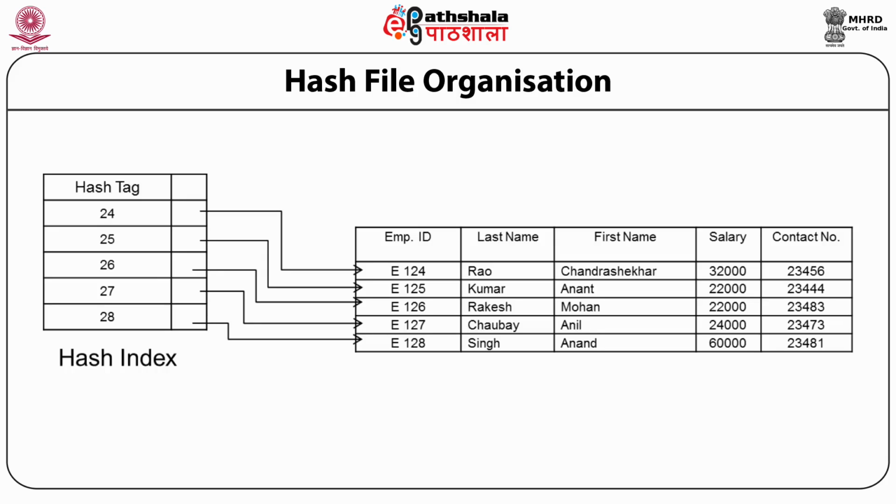You can see the hash tags generated for different records: 24, 25, 26, 27 and 28. This hash tag is used as the location of the file stored on the media, and this is actually a hash index which is used for locating the record on the storage media.